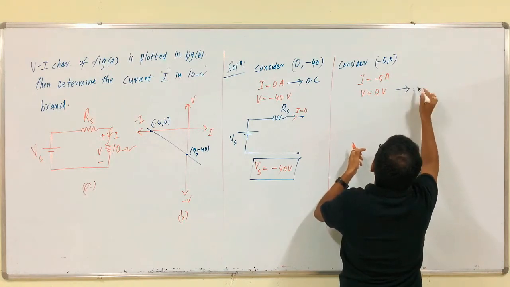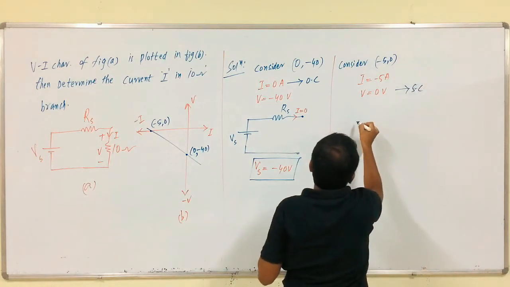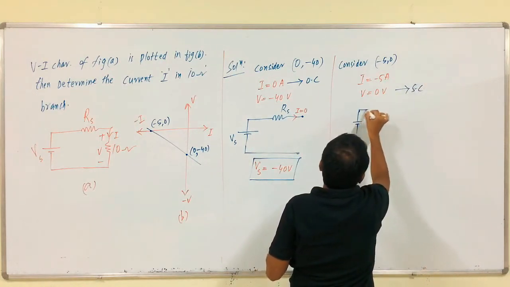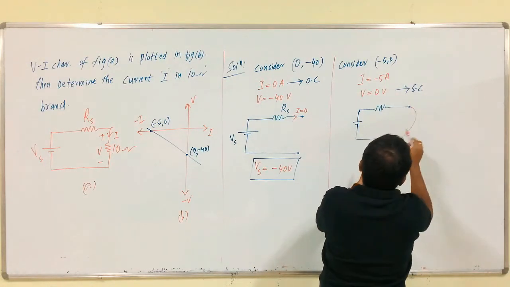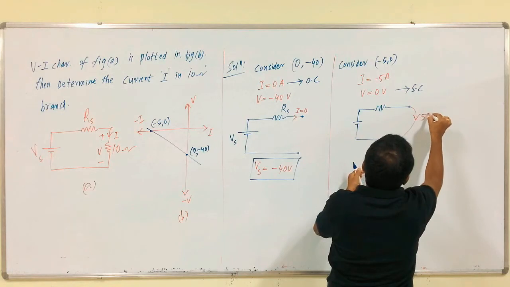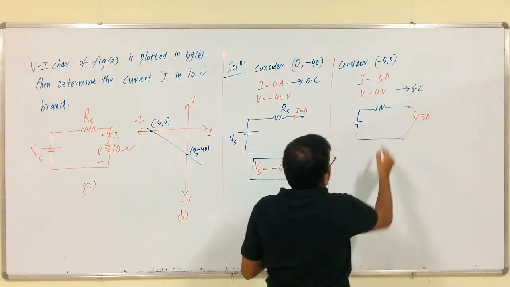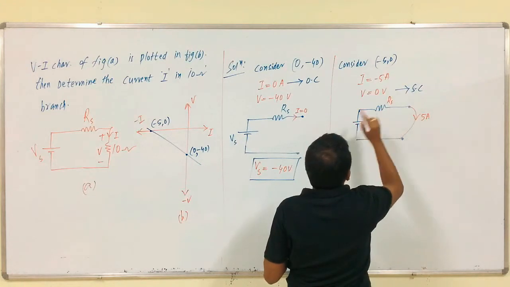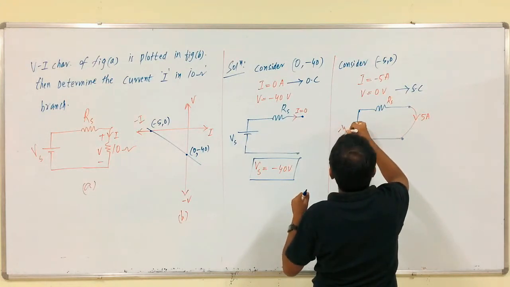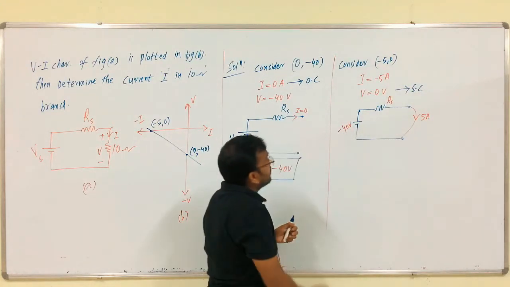Short circuited, right? Therefore, the circuit becomes, this is short circuited, the current through this branch is nothing but 5 amps, okay? And this is Rs, what is this Vs? That is minus 40 volts, okay?